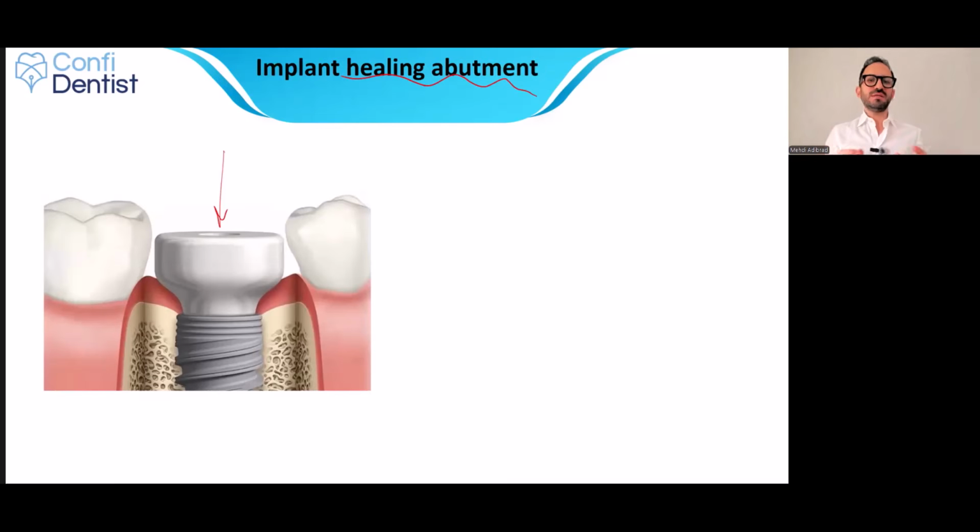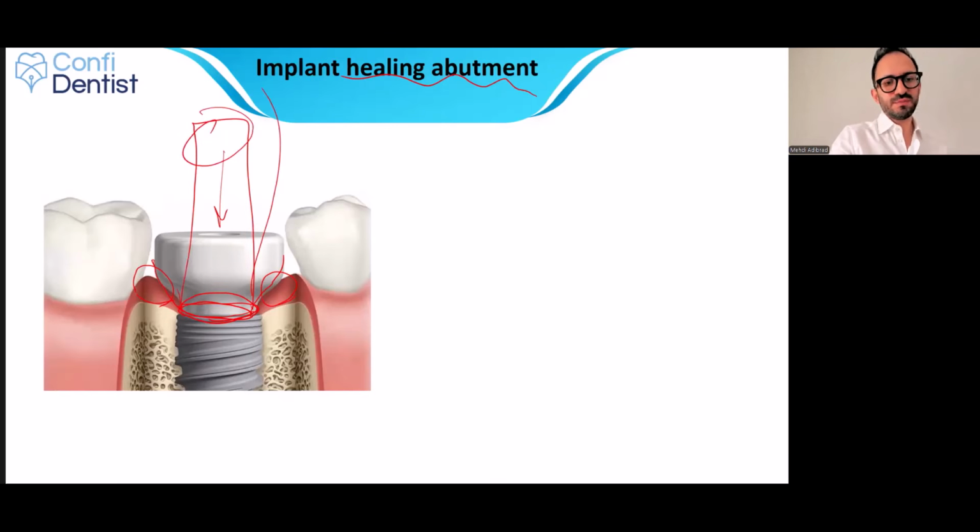So the healing abutment creates an area for the soft tissue to heal against or heal upon. Okay. So the soft tissue, meaning the gingiva, will heal around this implant abutment. Okay. And when you want to scan or take an impression from the implant fixture, you simply remove the healing abutment, unscrew it, and now you have access to the implant prosthetic platform, and you can place the impression coping and the rest.